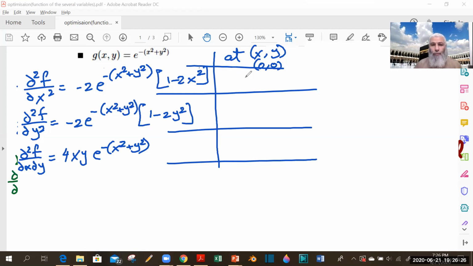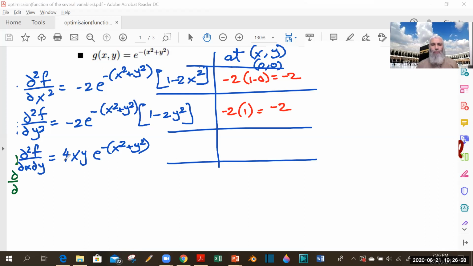You have negative 2 multiply 1, so it would be negative 2. 1 minus 0, this is negative 2. And this is what? Negative 2 multiply e power 0, which is 1, 1 minus 0. So this is negative 2 again.